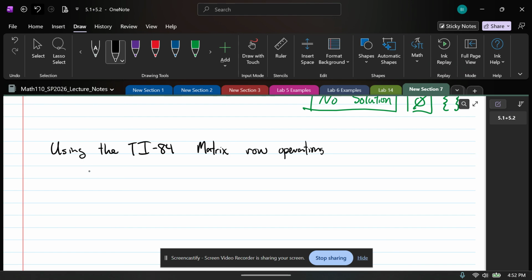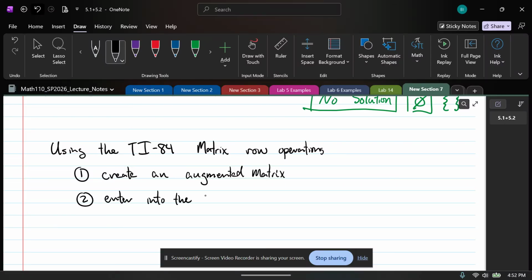There's 3 steps. Step 1, create an augmented matrix. Step 2, enter it into the TI-84 and run RREF on that matrix.